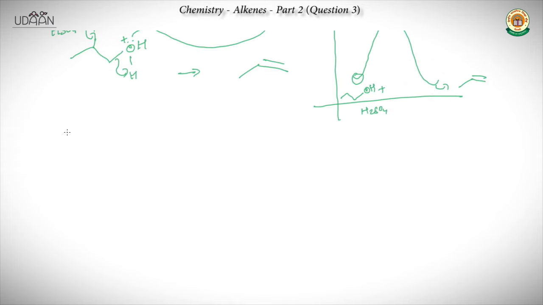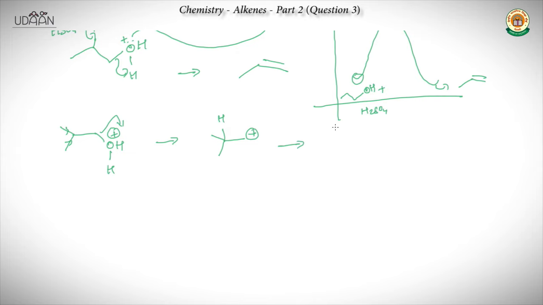The thing is that it has a beta branching. So what happens is that because of the inductive effect, it does form a carbocation. Now here is where you have to take very much care because it's a crucial step.